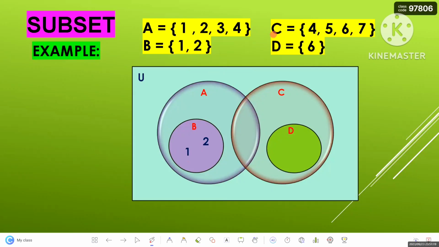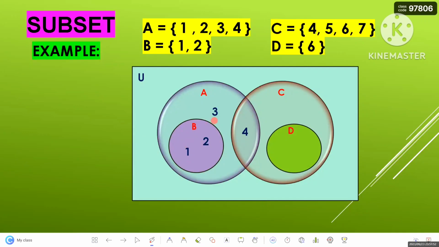Now, let's have this C. C is the set of 4, 5, 6, and 7. Look at this. Ang A mo ay may 4 at ang C mo ay may 4 since they have their common element, the intersection. Ilalagay natin ang 4 sa kanilang gitna.